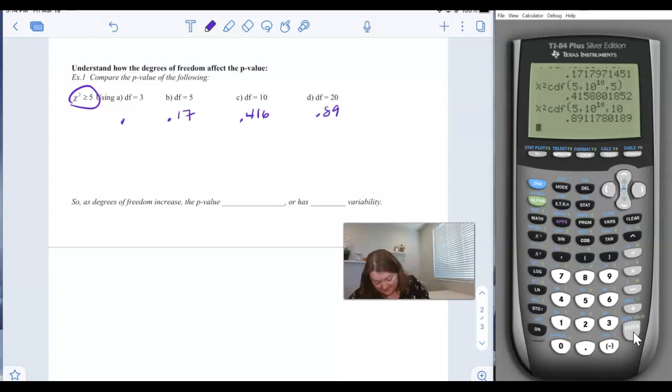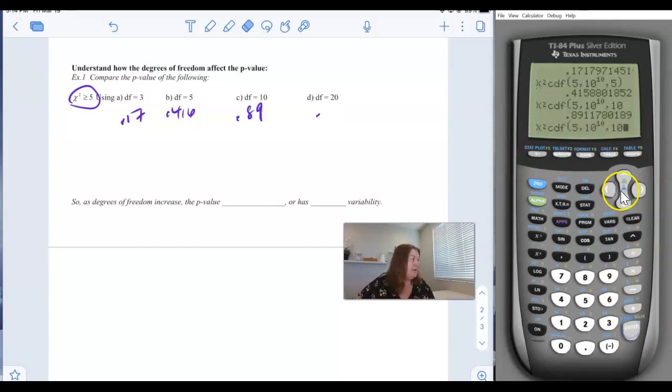Oops, I did those wrong, got it. 17 goes here. 41.6 goes here. 89 goes here, and then our last one at 20, let's see what that turns into. So if I go and do 20, we get 99 or almost 100%.